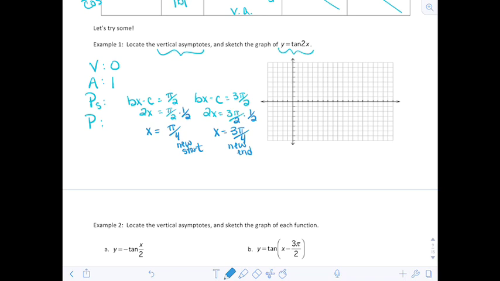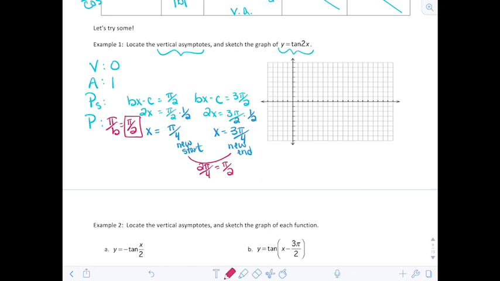So if we look again now at the difference between pi over 4 and 3 pi over 4, that's 2 pi over 4s to get from 1 to 3, and that reduces to pi over 2. So if we do the period formula, it would be just pi over b, and that's pi over 2. So instead of having a period of pi, we're now going to have a period cut in half of pi over 2.